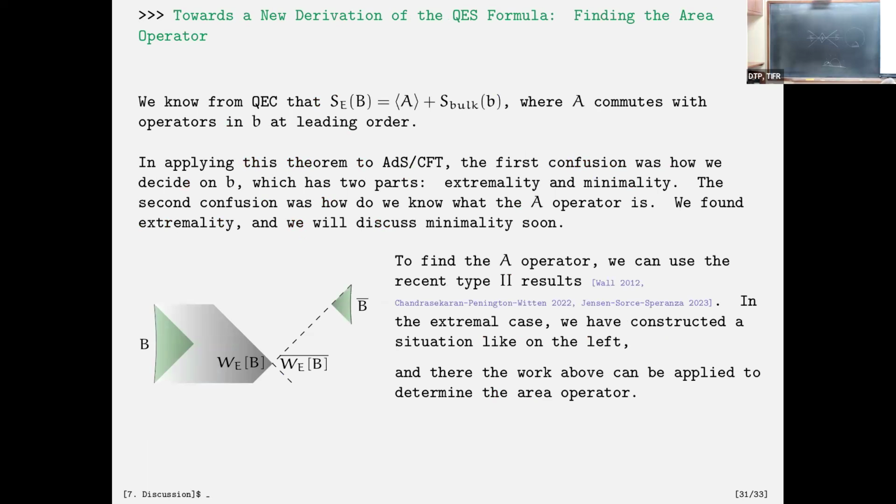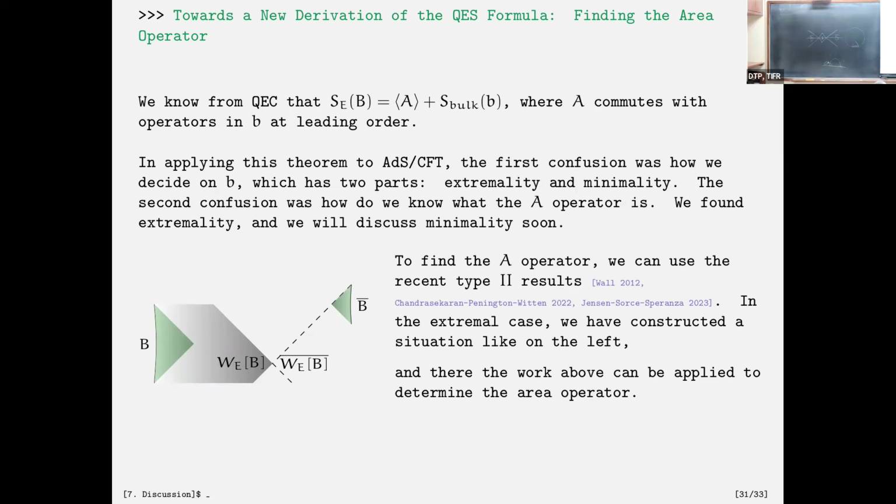Now, how close are we to a derivation of the QES formula? Let me just put some points. The basic point is that we construct a situation like this, where the boundary of the dual subregion is basically the future horizon of a bulk subregion, which is the future horizon of a boundary region.